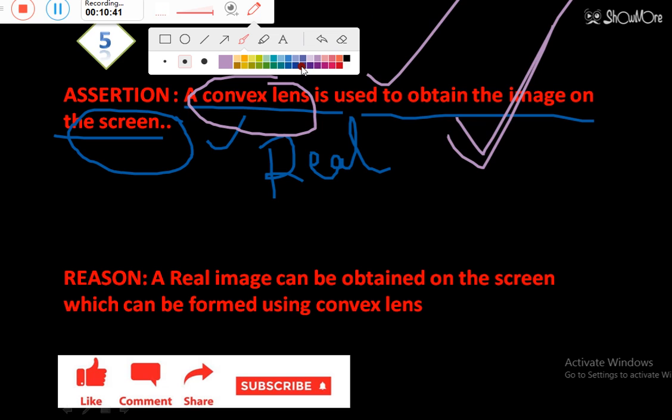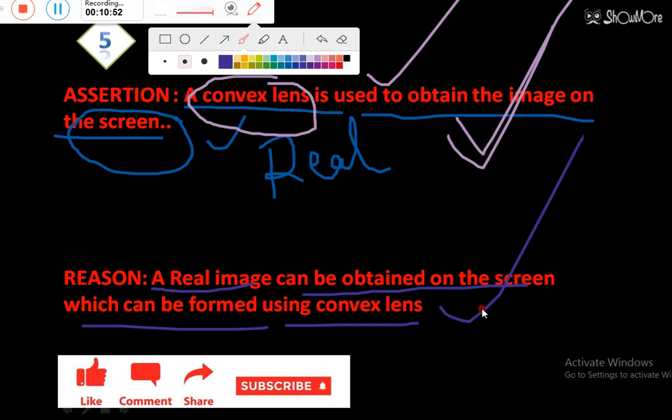Second, in the reason he is saying a real image can be obtained on the screen which can be formed using the convex lens. This is also true. He is giving the complete explanation that only a real image can be obtained on the screen, which can be formed using the convex lens.